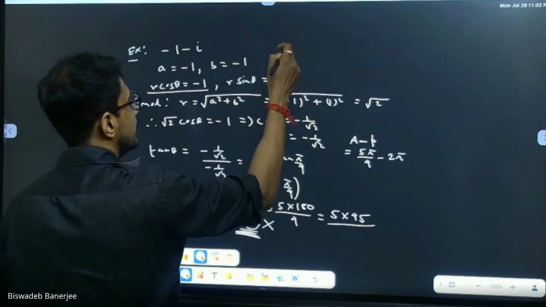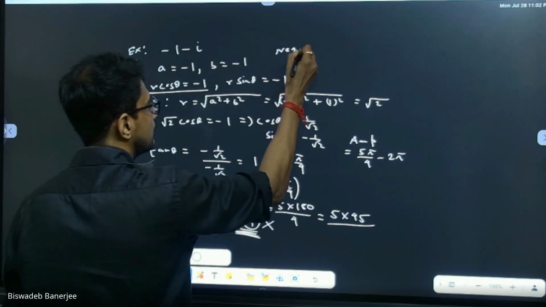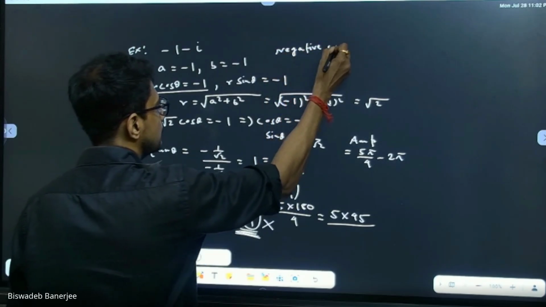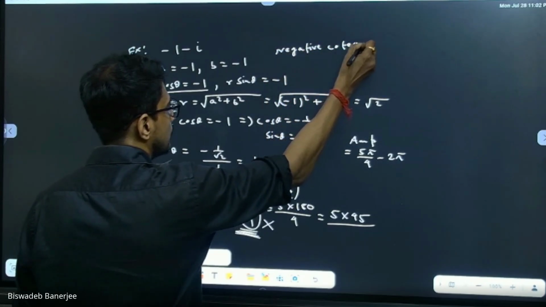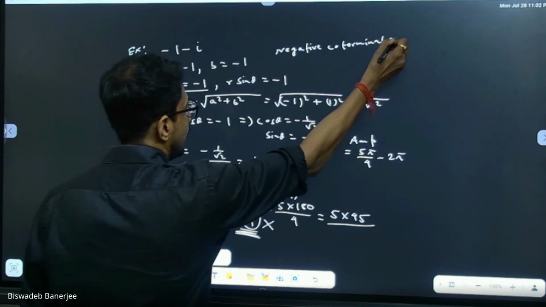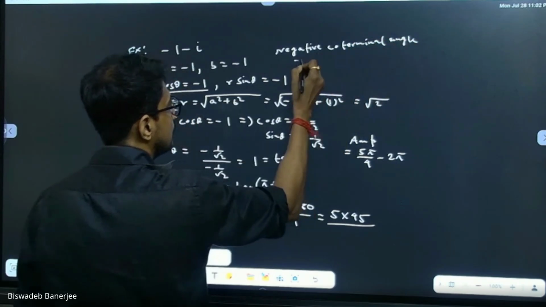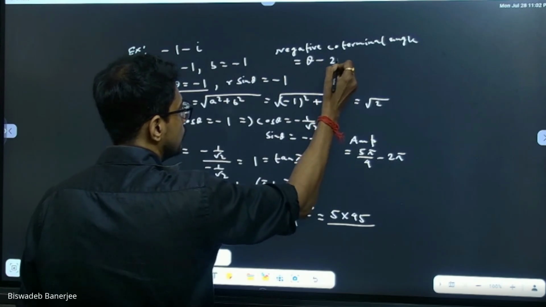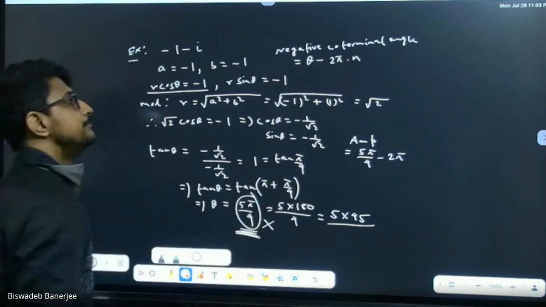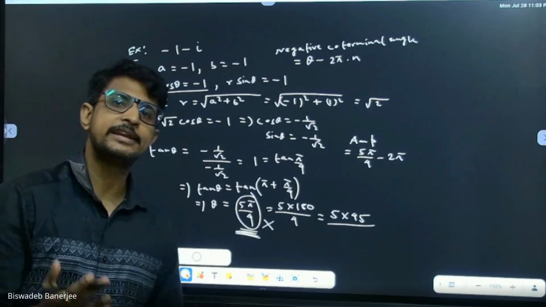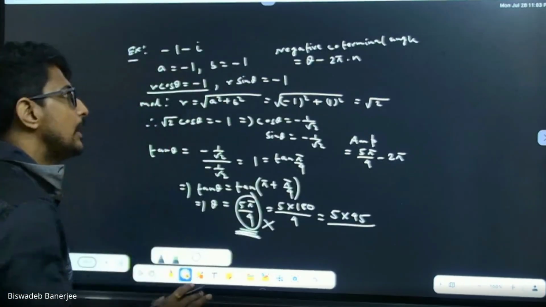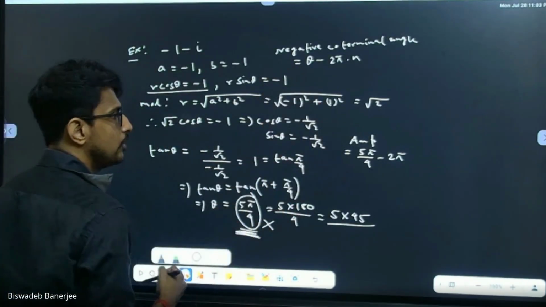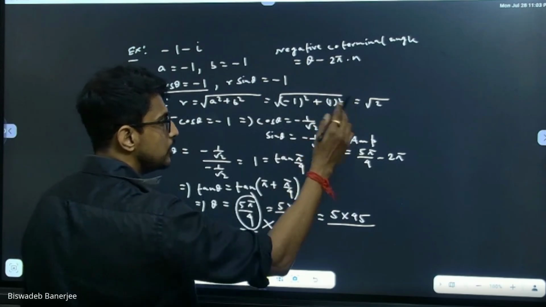My negative co-terminal angle is equal to the angle minus 2 pi into n. But n can be 1, n can be 2. Here we have taken theta equal to 5 pi by 4 and n equal to 1.